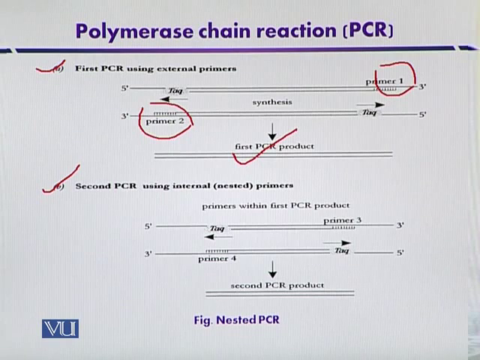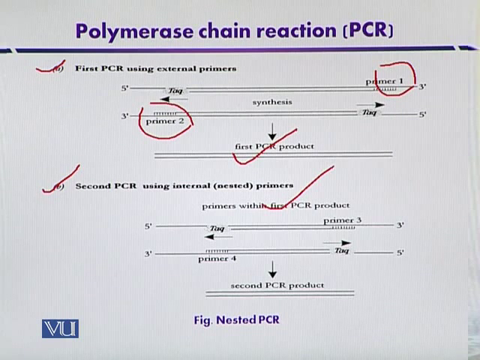Now the product of the first reaction is subjected to a second PCR cycle or second PCR reaction, maybe in a separate vial. So, the second PCR using internal or nested primers. The second set of primers will bind comparatively internal as compared to the external primers. So primers within the first PCR product will be used.